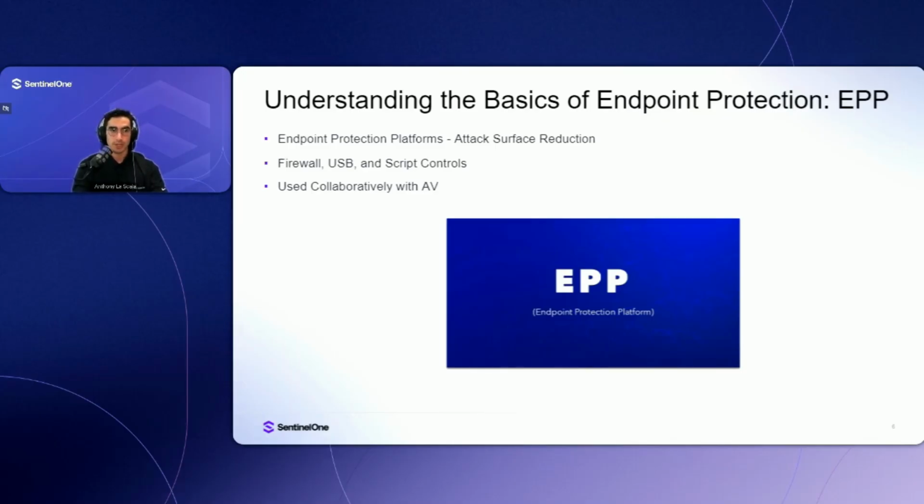This includes features like firewall controls, USB port blocking, script controls, and other endpoint setting configurations that limit avenues for malicious files to reach your computer's operating system. EPP is a critical security feature that should be deployed in tandem with an AV solution, and this is still true today. You still need an endpoint protection platform of some sort, though in today's current solution landscape, a lot of the options available to you include EPP as a part of their solution.